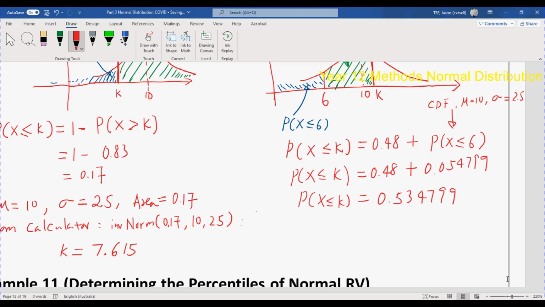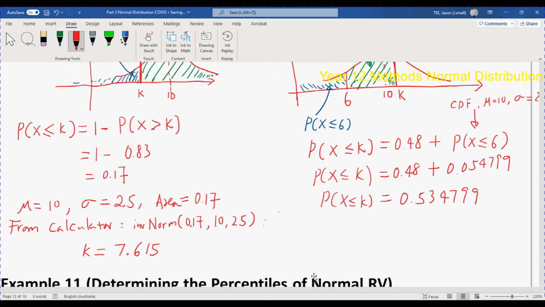So what value will be k? So here, because you've already got X ≤ k, which is the whole area 0.534799, we can use inverse normal again.